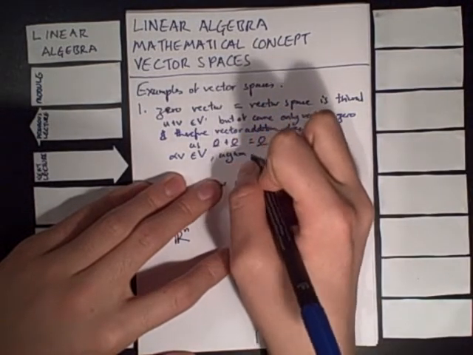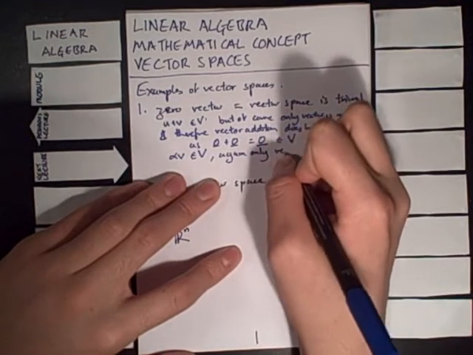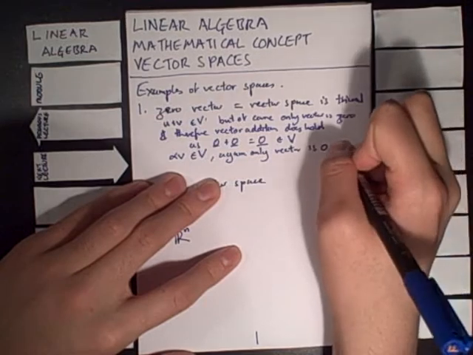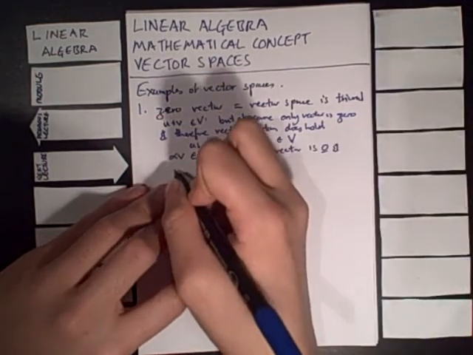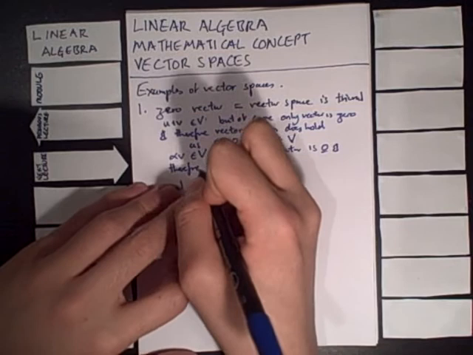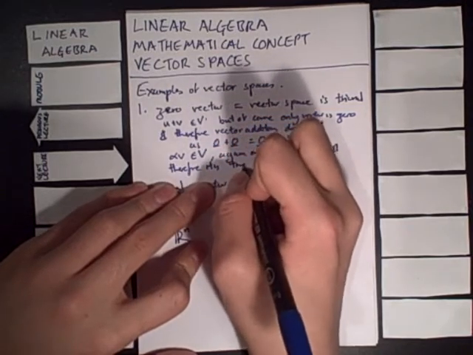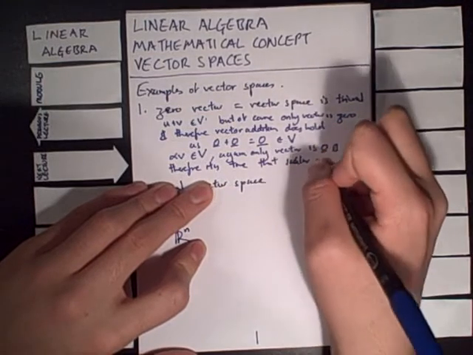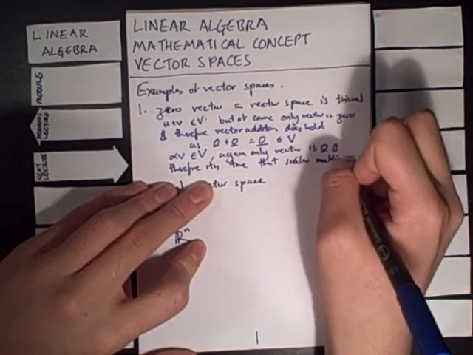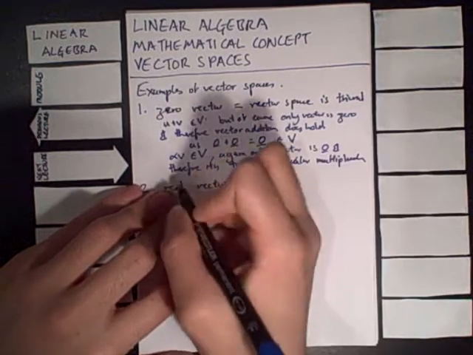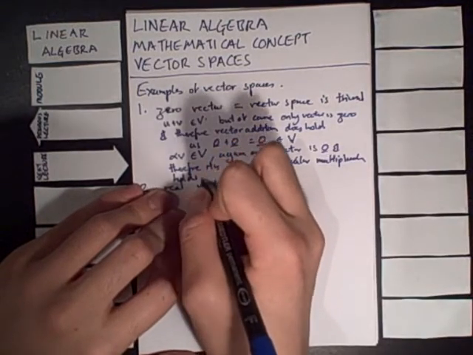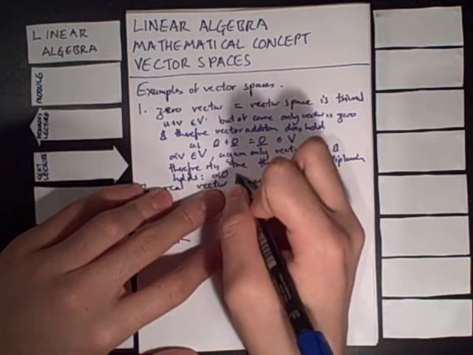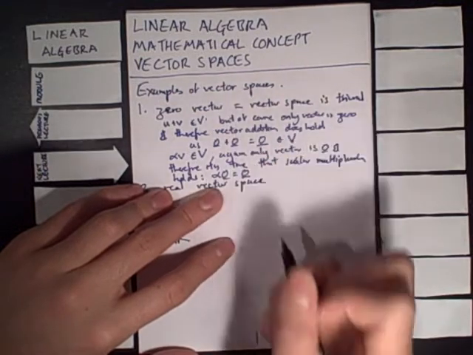Again, the only vector is 0, and therefore it is true that scalar multiplication holds, because alpha times 0 is equal to 0.